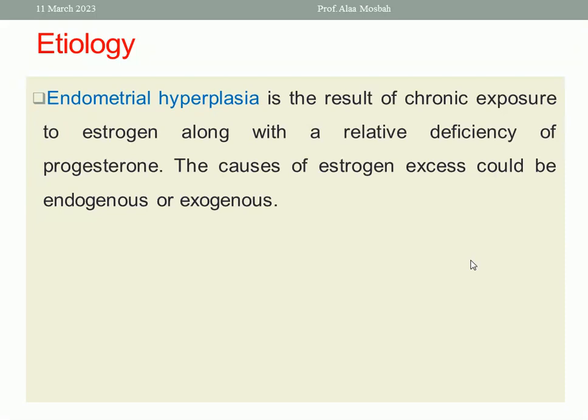So the etiology is chronic exposure to estrogen or prolonged unopposed estrogen with a relative deficiency of progesterone. As I said, the cause of this excess estrogen may be endogenous, from inside the body, or exogenous, like hormone replacement therapy in a postmenopausal lady.